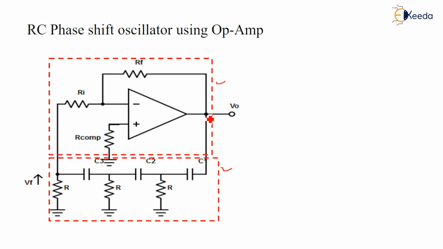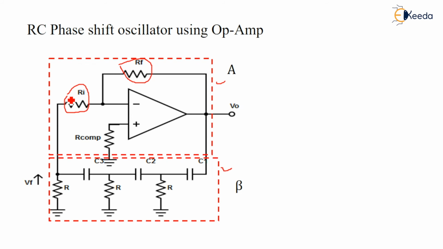The output of this amplifier is applied to the input of this RC phase shift network. The level of attenuation is decided by beta, the feedback factor, and the open loop gain of this amplifier is equal to A. The gain of the inverting amplifier is decided by the RF and R1 resistors.